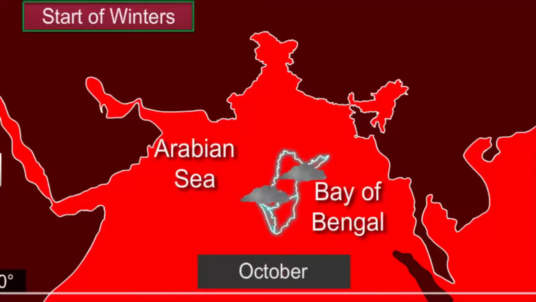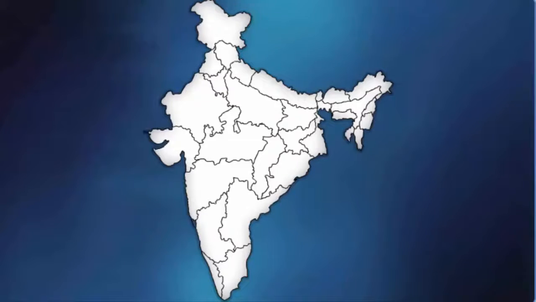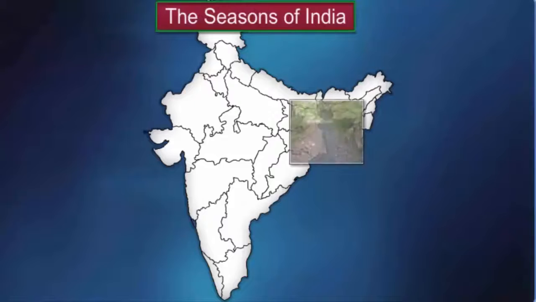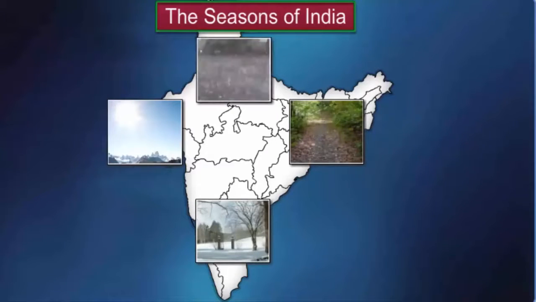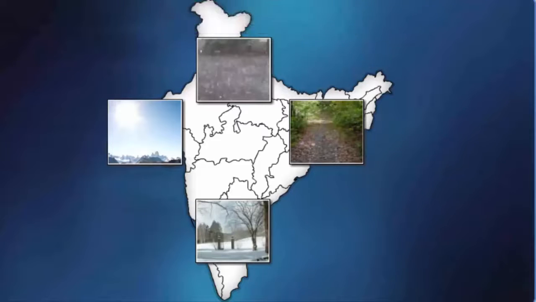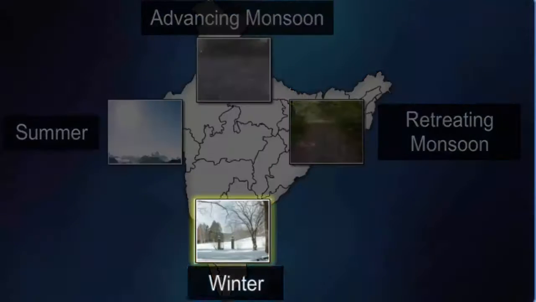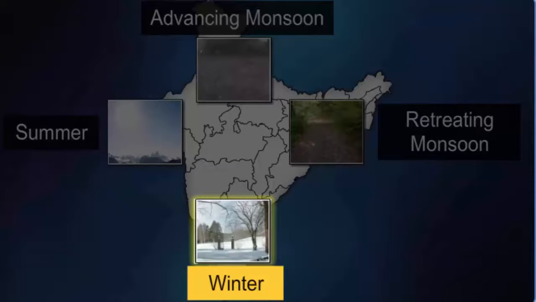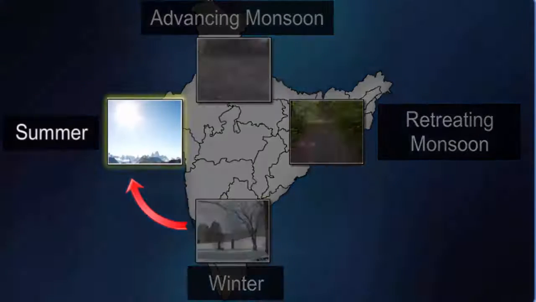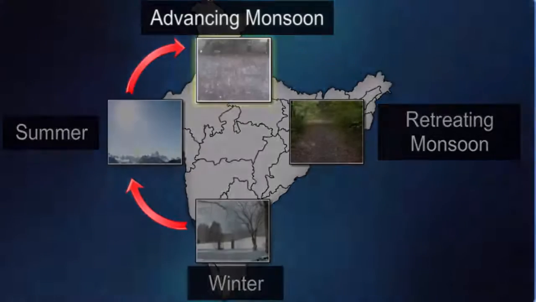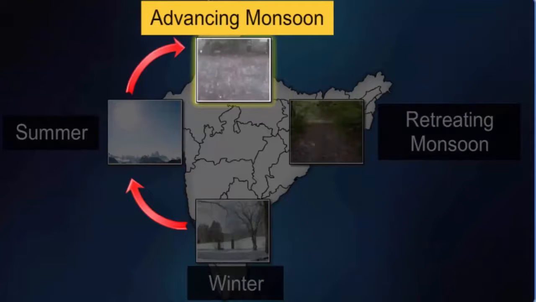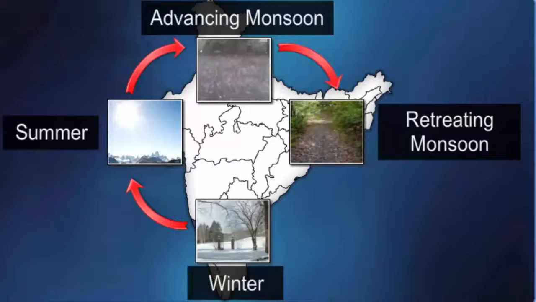These are called the winter monsoons. The changes in the weather conditions in India can be broadly categorized into 4 distinct patterns. These are the cold weather season, the hot weather season, the advancing monsoon, and the retreating monsoon.